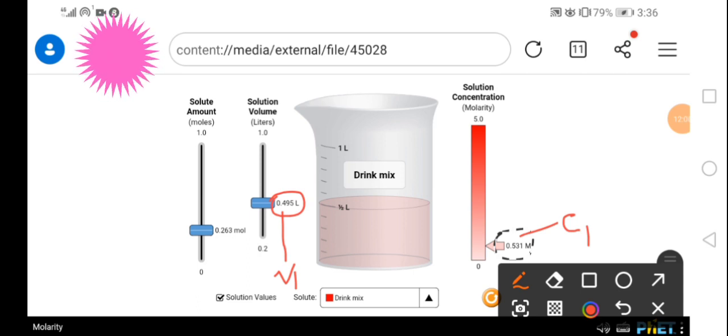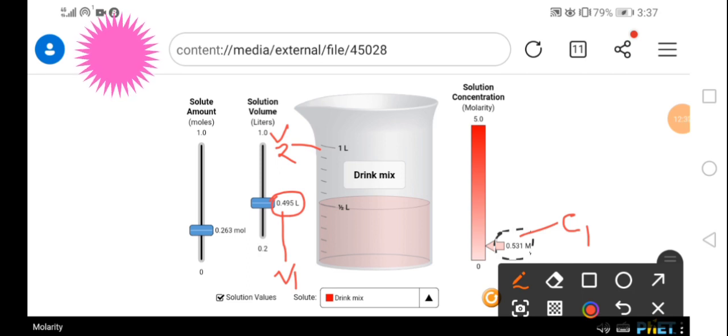Now what will be the concentration when I add 1 liter? So meaning this 1 liter here will become the volume 2. What will be the concentration? You can be questioned like that. What will be the concentration when 1 liter is added? Meaning you are adding more water.